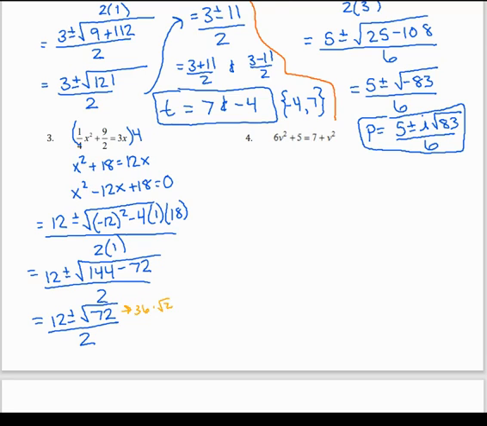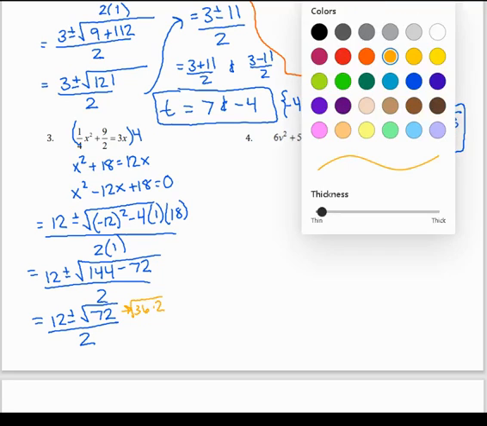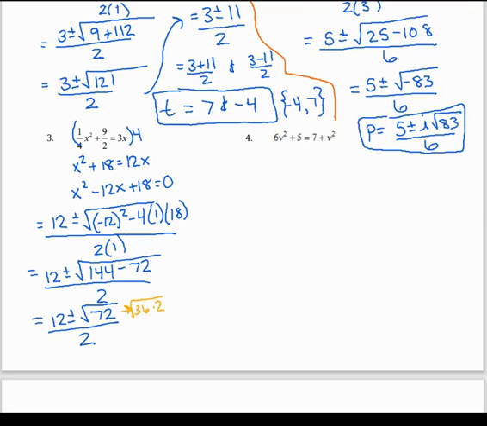So when I take that square root, what we'll have when we simplify is 12 plus or minus, the square root of 36 is 6, so that can come out, and root 2 stays in, all over 2.